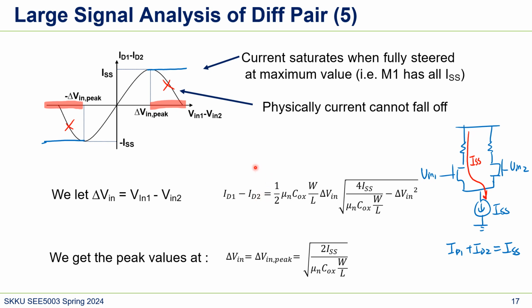So this equation, where we just substitute this Vin1 minus Vin2, is only correct for both in the saturation region, which is not true here. So that's why this equation isn't working for this region.